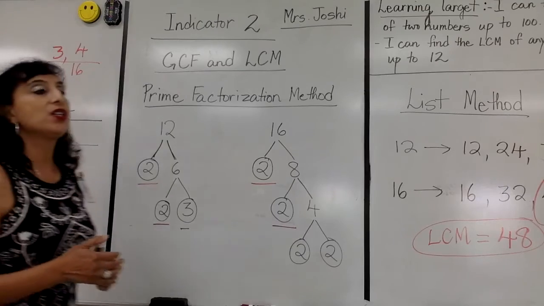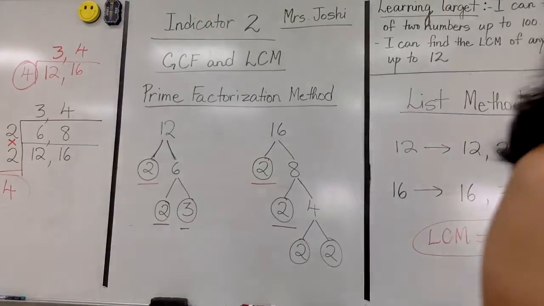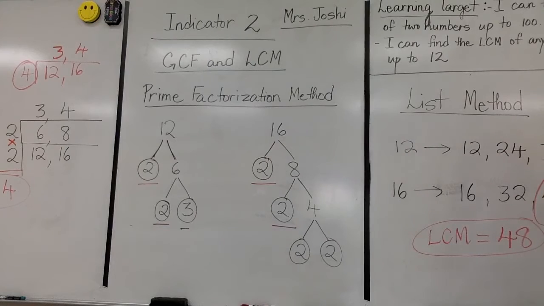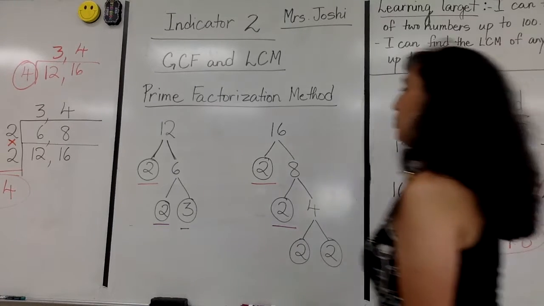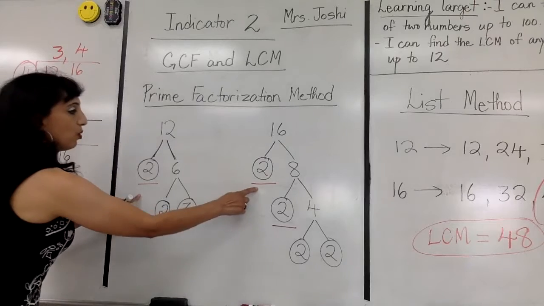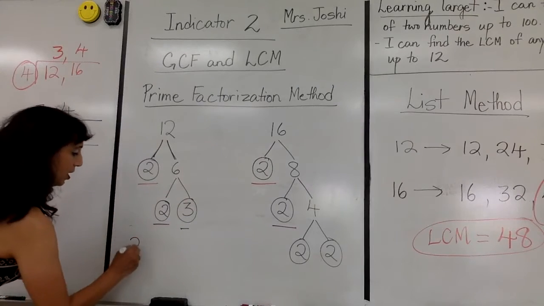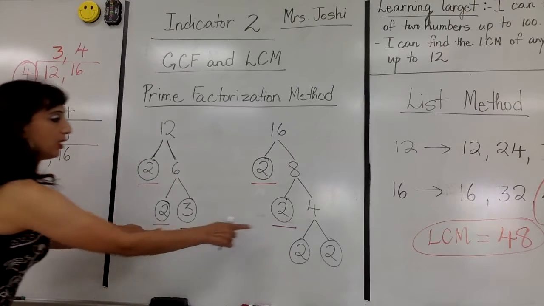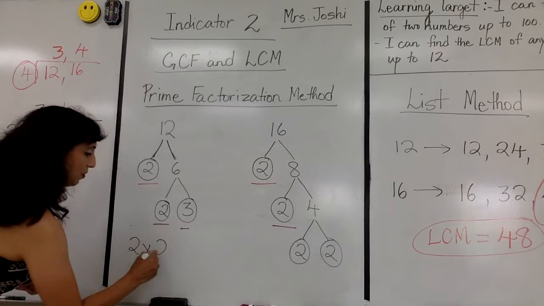Now when I am doing the LCM part of this, all I need to do is find the common factors first. We had done that. The common factor was 2, and then we had another common one, which is this 2.